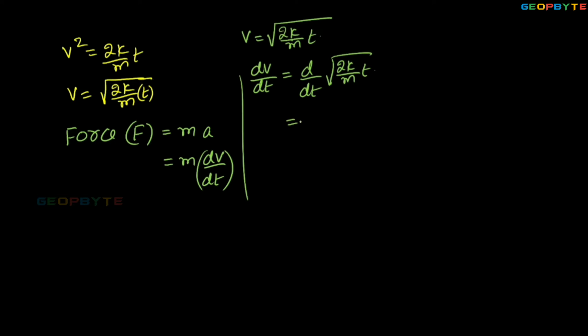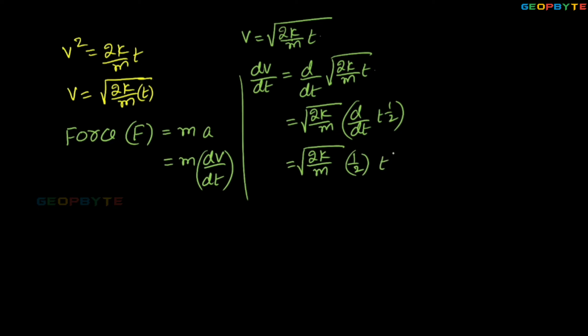Here it can be written as root over 2k by m outside, d by dt into t power 1 by 2. You simplify it. It is root over 2k by m into 1 by 2 into t power minus 1 by 2.